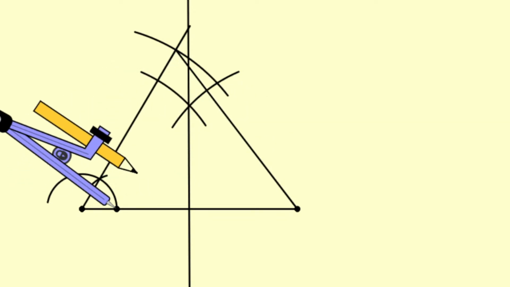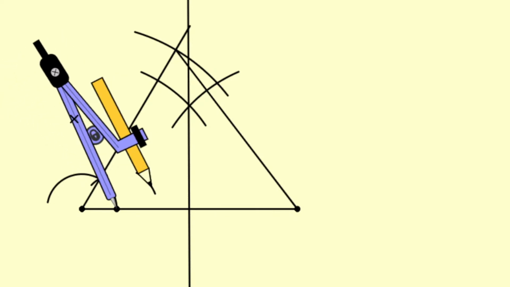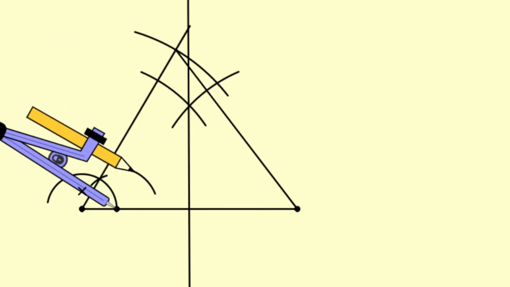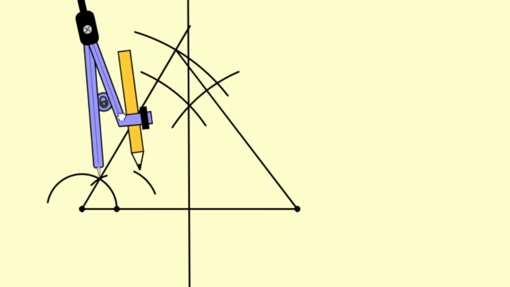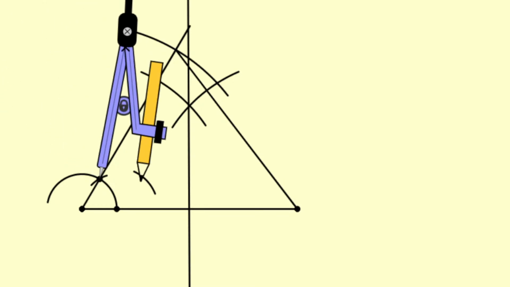So I'll draw one arc from one of the endpoints of the angle like this. With the same arc length, I'll draw one more arc which will cut the previous arc like this.